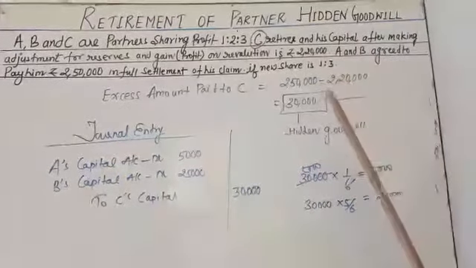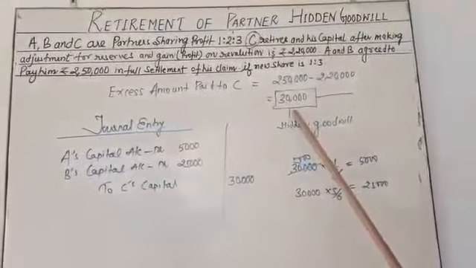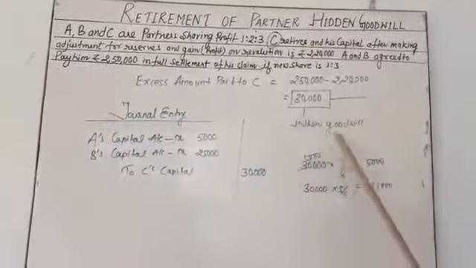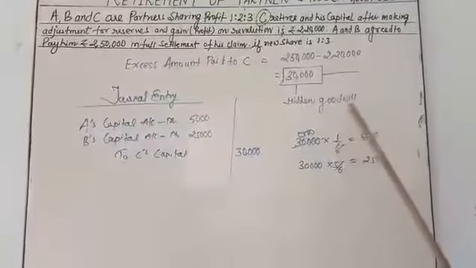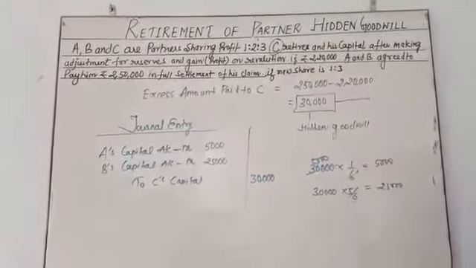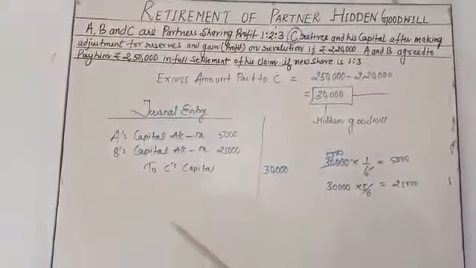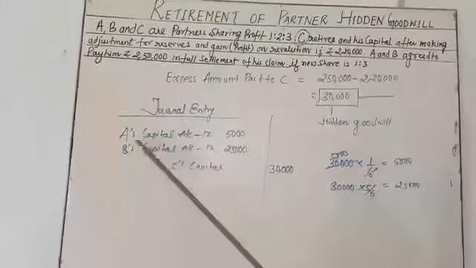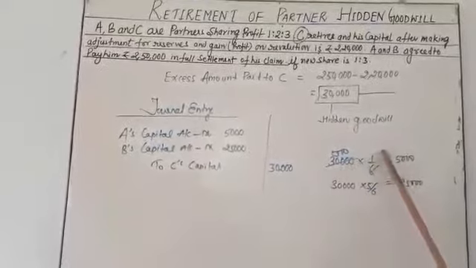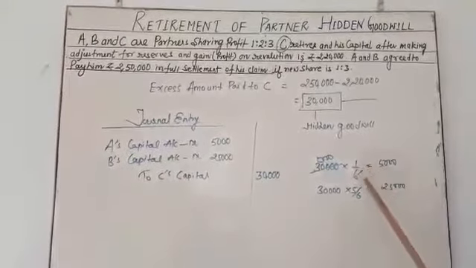So the firm paid an excess amount to C. How much? 30,000 rupees. This 30,000 rupees is called the hidden goodwill of C. As you know, the goodwill amount is paid in the gaining ratio by the existing partners. Here the existing partners are A and B. We have already calculated the gaining ratio, that is 1:5, meaning 1 by 6 and 5 by 6.